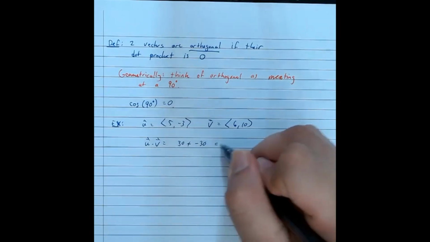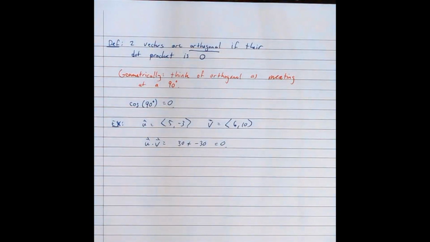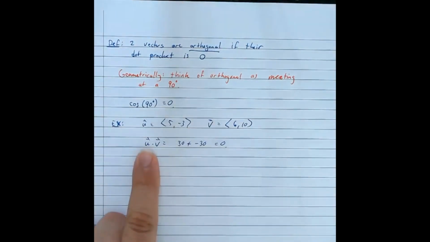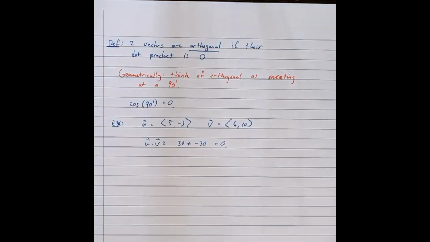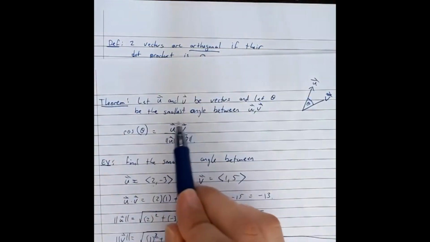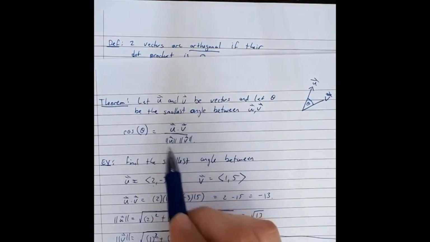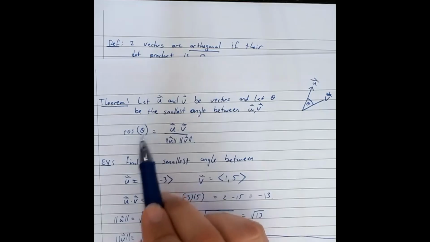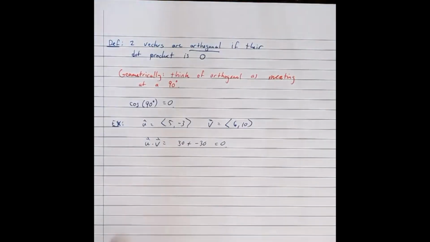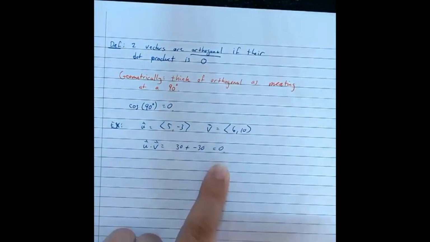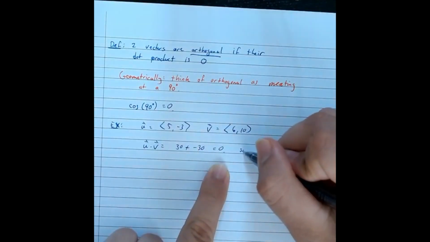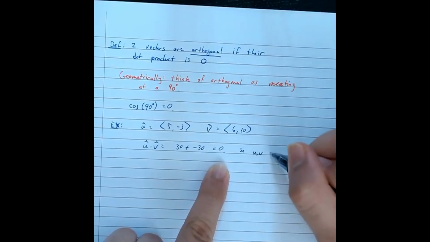And that's going to give me 0. Here, I don't have to continue the computation at all. Because this is 0, that means if I come over here to the formula for finding the angle between the two vectors, that if that numerator is 0, the whole thing's 0. But the cosine of an angle is equal to 0, that means that angle is 90 degrees. So here, because this is 0, automatically you can conclude that u and v are orthogonal.